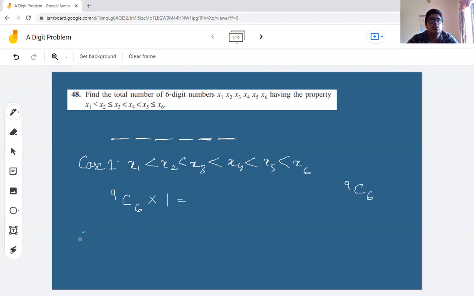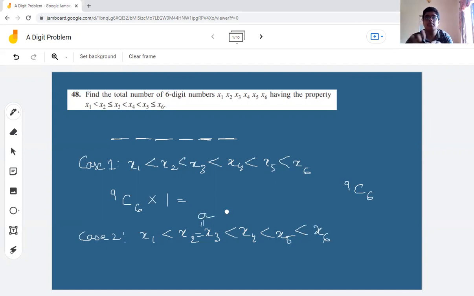Let us go to case 2. Since I assumed less than for x2 and x3 in case 1, now I'll consider the equal to sign: x1 < x2 = x3 < x4 < x5 < x6. Let this common value be some a. So we have 5 numbers x1, a, x4, x5, x6. Again, nothing can be 0 by the same argument as in case 1.